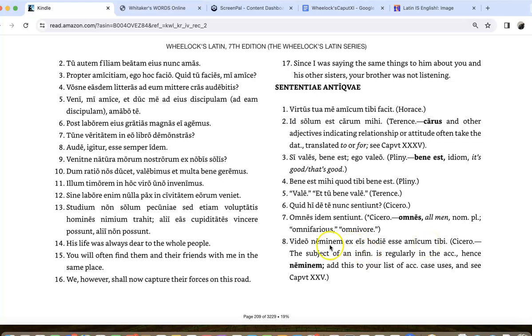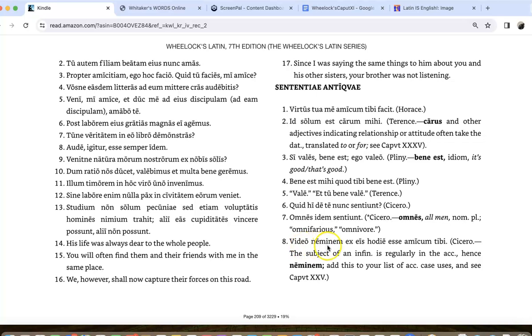And again, this is where we've got to be a little bit creative with our translation. I probably in English would say, I don't see today that any of these men are your friend. That is actually probably a good translation. The only problem with that is then it leaves out no one. So I'm going to try to keep it more literal so you can follow the Latin here.